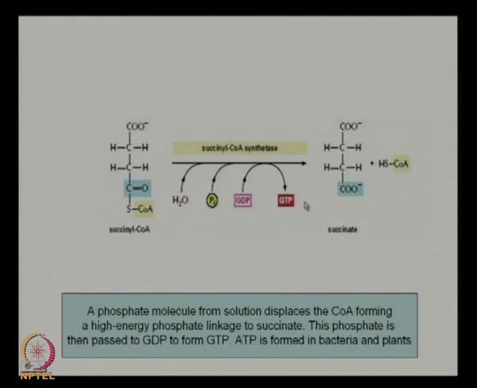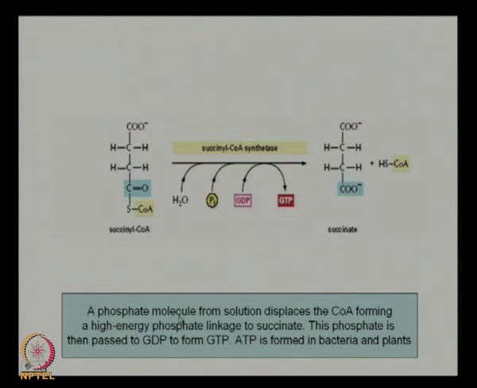Here one molecule of GTP is produced; GDP is converted to GTP in the presence of inorganic phosphate. One molecule of water is also needed to carry out this reaction.